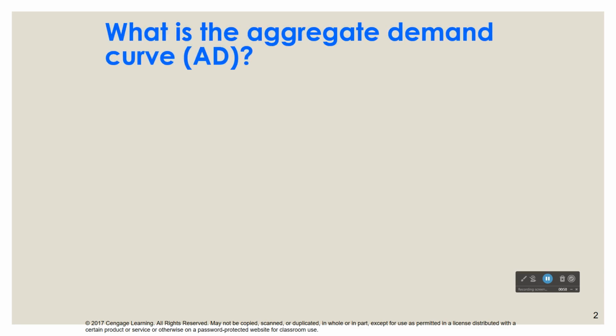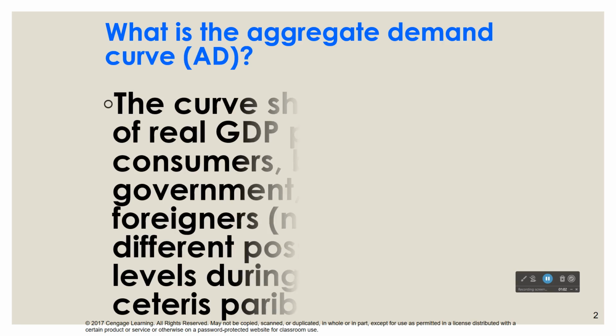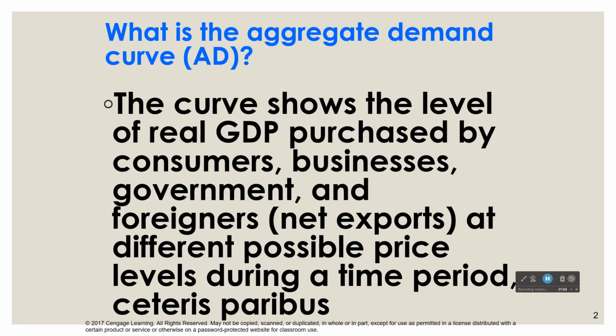The first thing we're going to talk about here is aggregate demand and aggregate supply. Aggregate demand is a curve that shows the level of real GDP purchased by consumers, businesses, government, and foreigners, what we called net exports earlier, at different possible price levels during a time period, ceteris paribus.